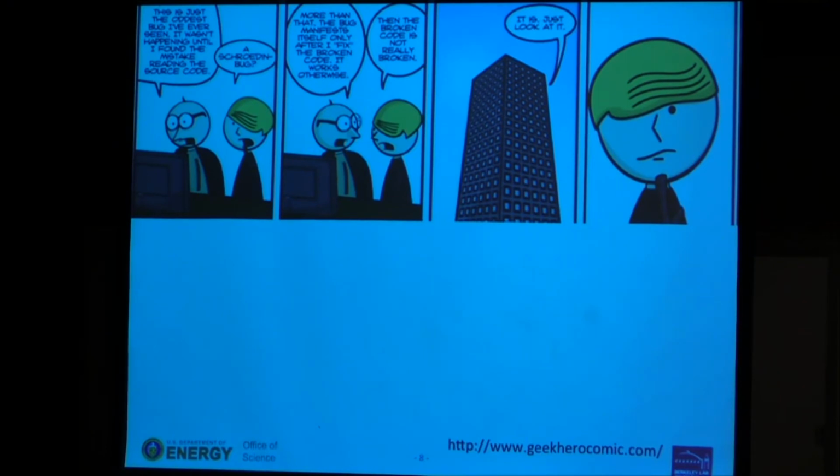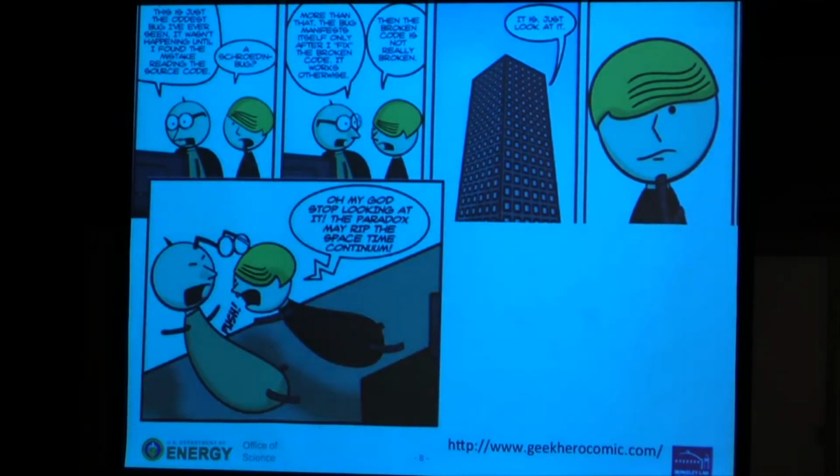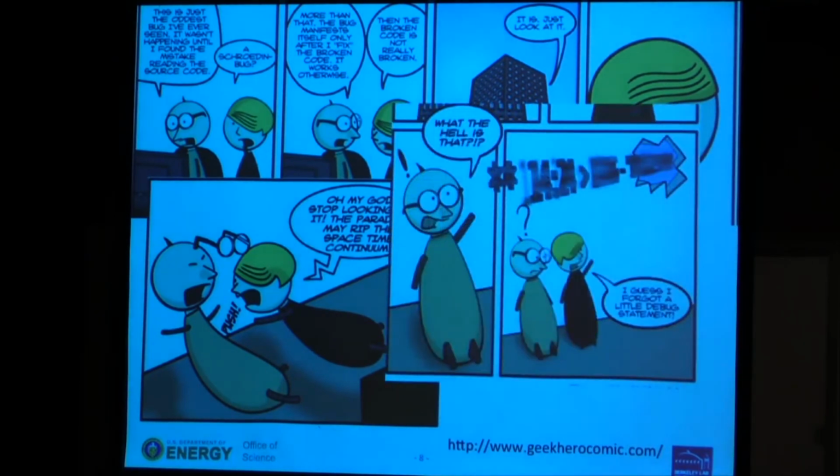More than that, the bug manifests itself only after I fix the broken code. It works otherwise. Well, then the broken code is not really broken. But it is. Just look at it. The guy thinks about it for a second. He goes, oh, no, my God, stop looking at it. It's the paradox. It may rip the space-time continuum. And then he goes, what the hell is that? I guess I forgot a little debug statement.